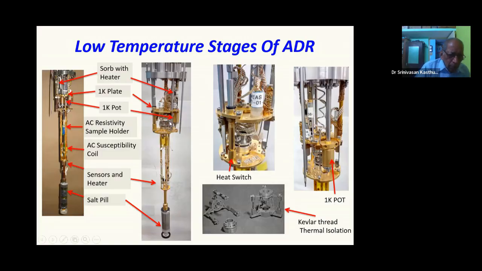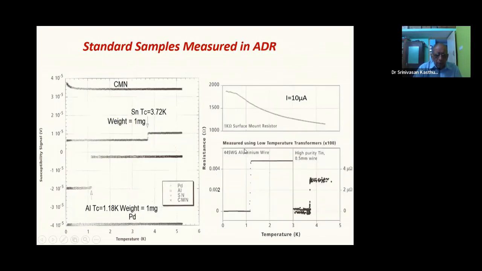Then the AC susceptibility sample holder, AC susceptibility coil, sensors, heaters, and at the lowermost part you have the so-called salt pill. So these are the things that are there in the system. Exploded views are shown here for the 1K part, heat switch, all those things.